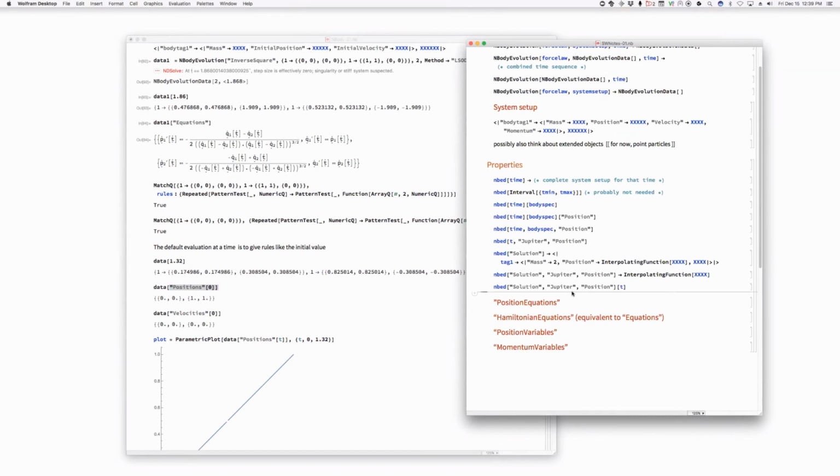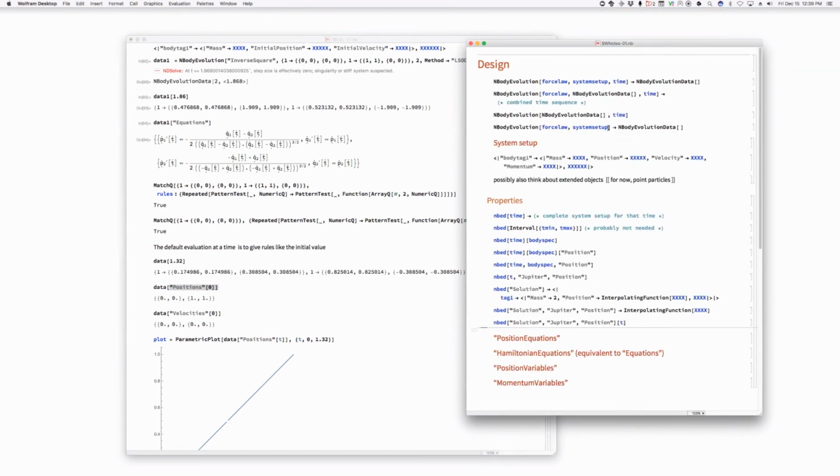Actually, we have a question from the live stream. Can it give particle positions within a particular geometric region at a particular time without having to do all the filtering yourself afterwards? That's certainly interesting, being able to give a region. How would we do that? I mean, that is being able to answer the question, what bodies are within a particular region?